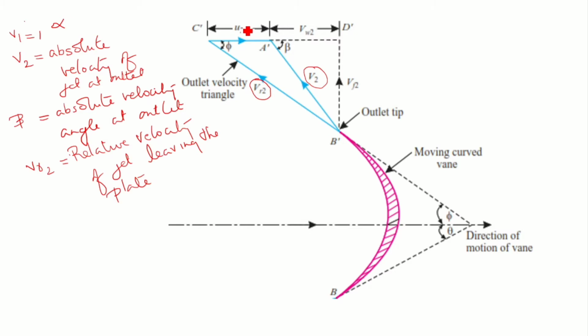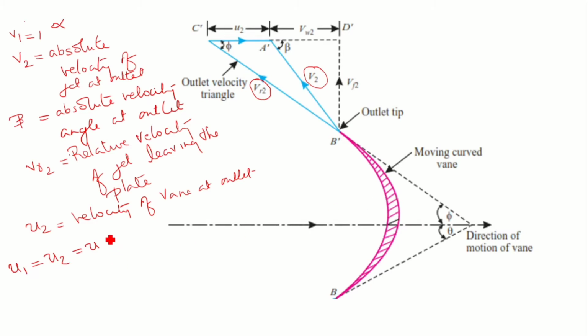And U2 represents the velocity of the vane at outlet. But for this case only, the velocity at inlet is equal to the velocity at outlet, which is equal to U. That is the actual velocity with which the blade is moving in the x direction.